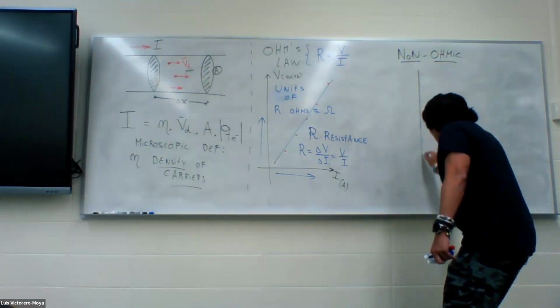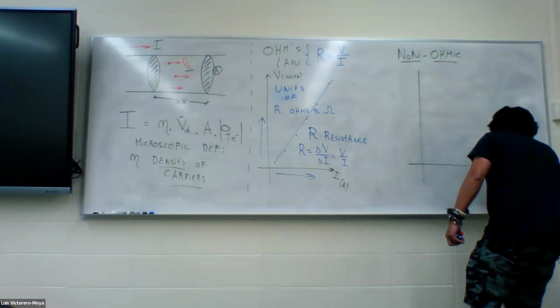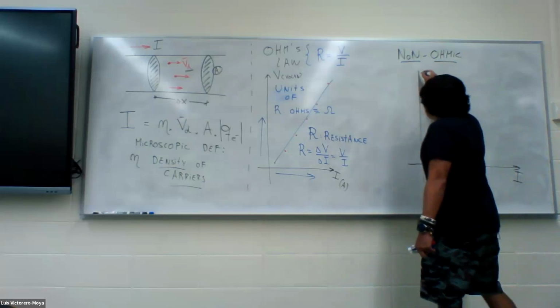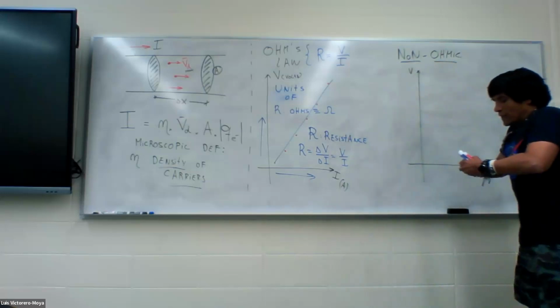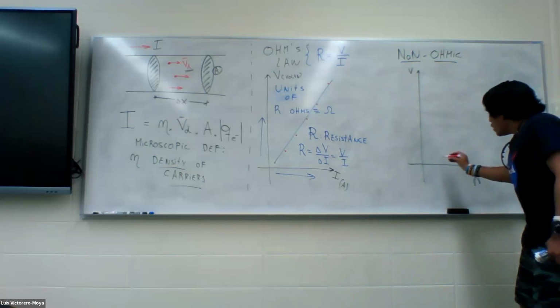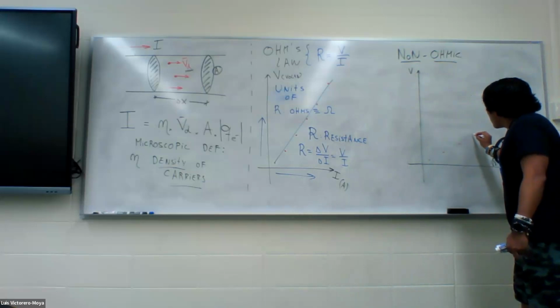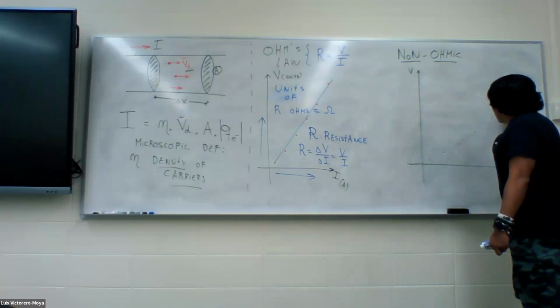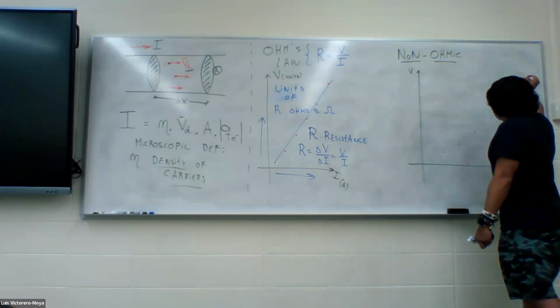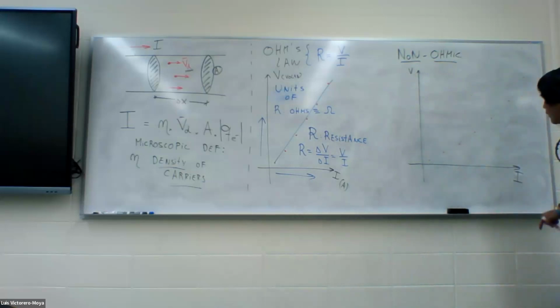If you were to plot V versus I, you will start seeing something that looks like Ohm's law, but then you start seeing this. Right? So it's not really linear.